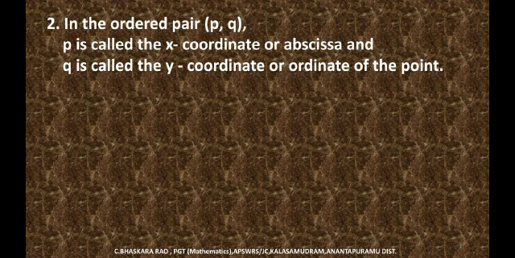At the same time, the second coordinate, q, is called y coordinate or sometimes ordinate. Remember it: x coordinate or abscissa, one and the same, and y coordinate or ordinate, one and the same.